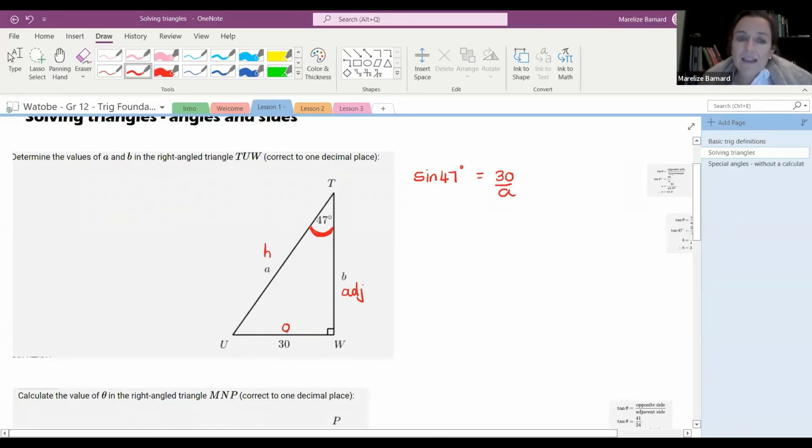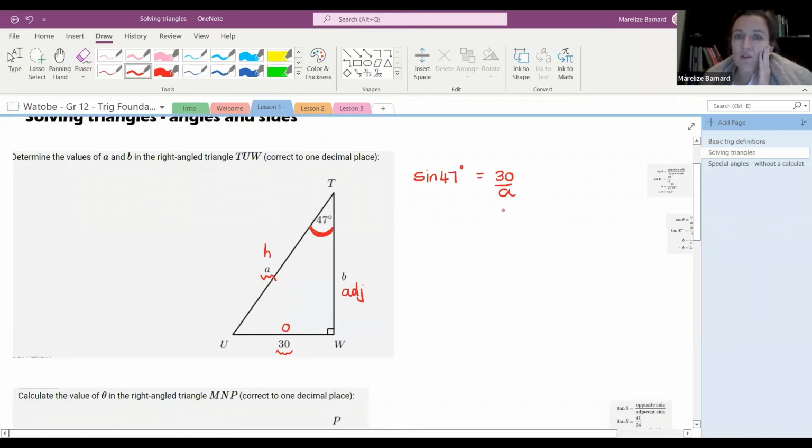So I take the side that is given, that I have a value for, that's 30, and the side that I don't have a value for, which is A, and I put those together in a trig ratio. And I see here that it's the opposite and the hypotenuse side. So that must be sine of 47, and that is 30 over A. So sine of 47 is 30 over A.